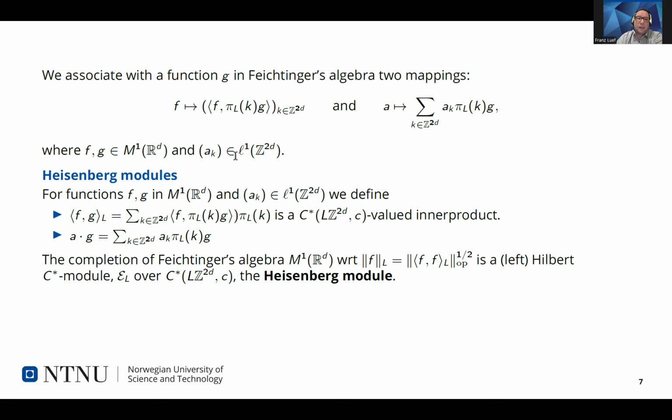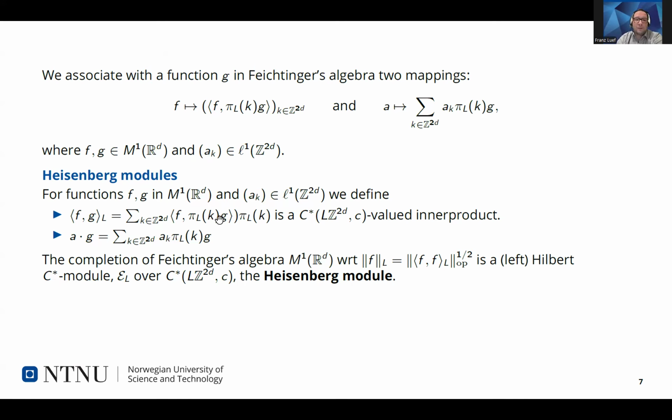If we take a sequence in L1, then as we've seen before, this mapping A to this linear combination of time-frequency shifted versions of G over the lattice gives you again an M1 function. And if we take F and G in M1, then we've seen that the continuous version of this is in M1, and then you can restrict it to the lattice, and it turns out this is an L1 sequence.